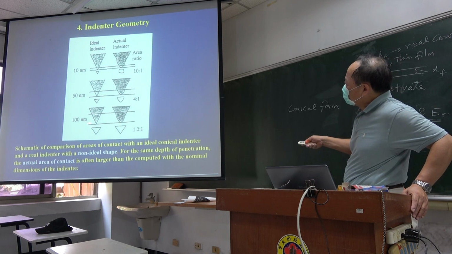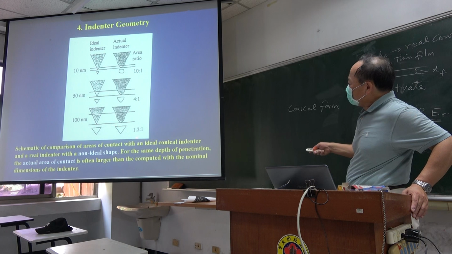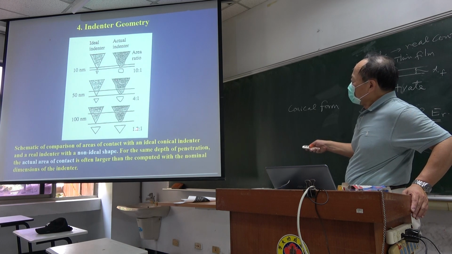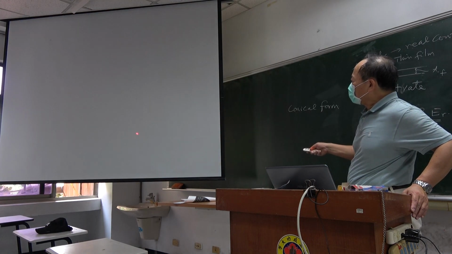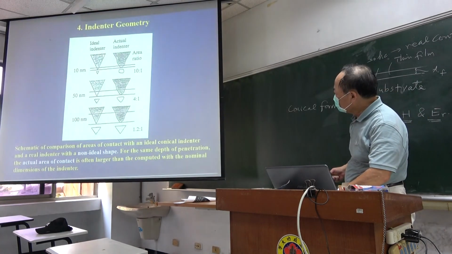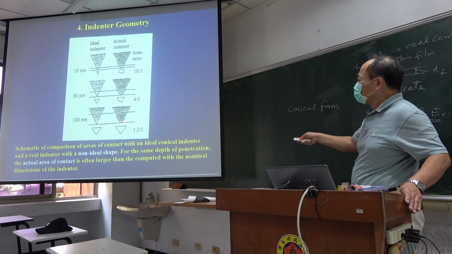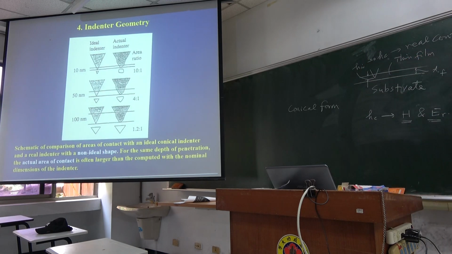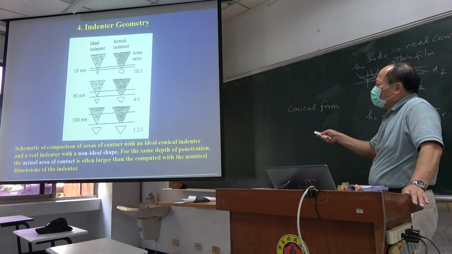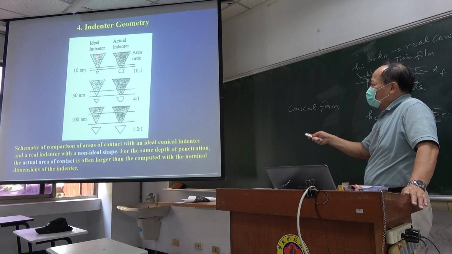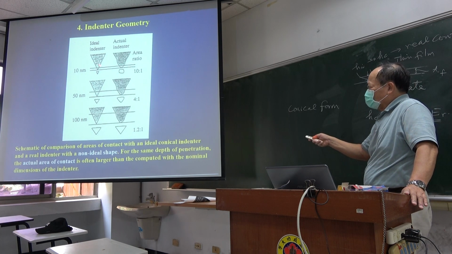When your indentation depth increases to 100 nanometers, this ratio is further reduced to 1.2 to 1. It's a very interesting case: if your indentation depth is at a small value, the real contact area is much larger than in your ideal case.